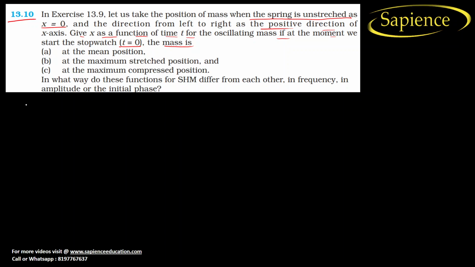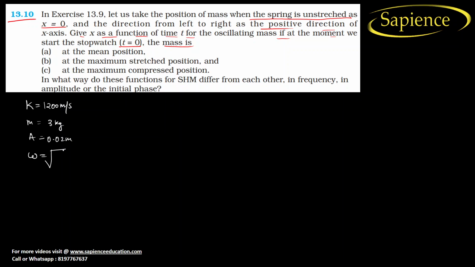In the earlier case they have given us the spring constant as 1200, mass as 3 kg, and amplitude as 0.02 meter. Now we need to find omega.